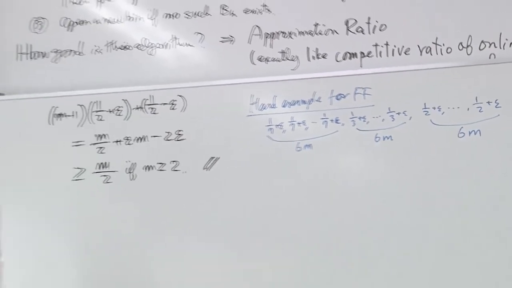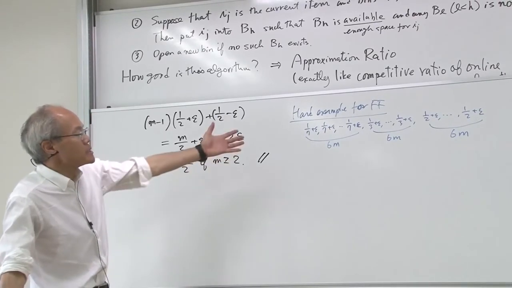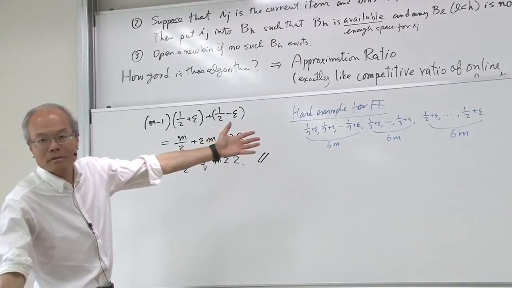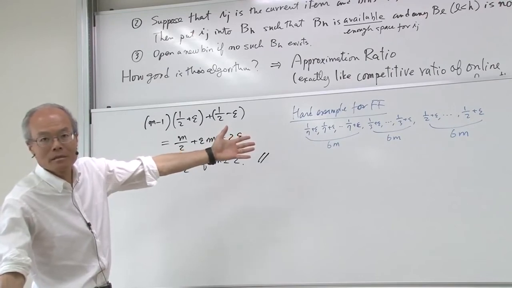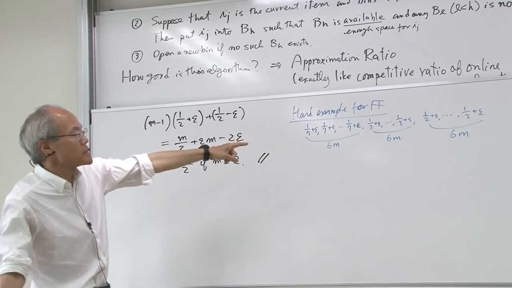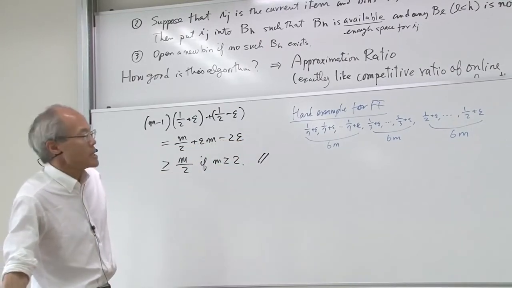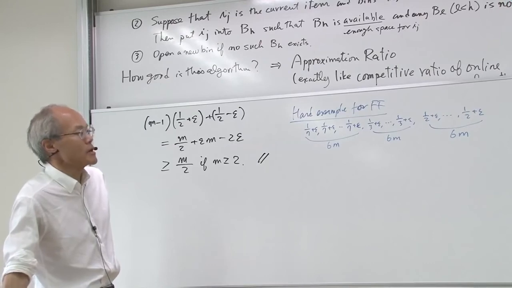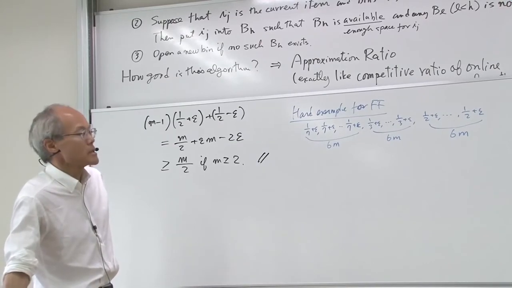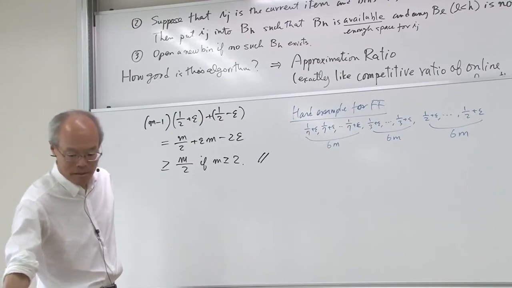M might be a big number. Each item looks like this: we have 6M items of size 1/7 plus epsilon, 6M items of size 1/3 plus epsilon, and 6M items of size 1/2 plus epsilon. Epsilon is a small positive constant, of course.